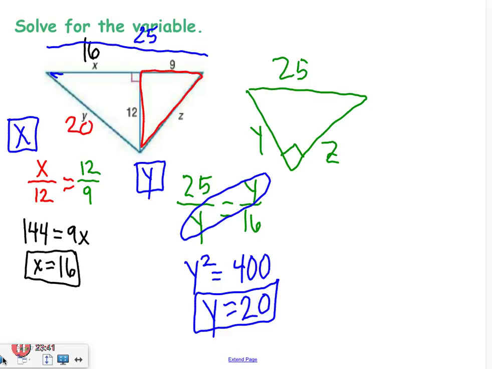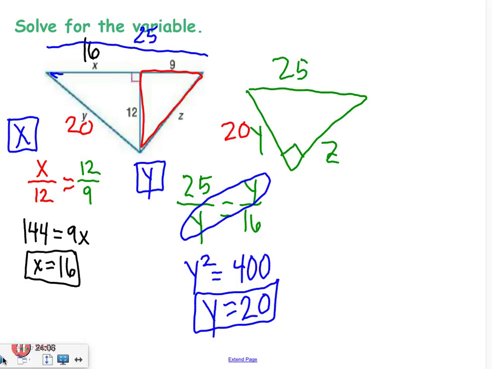Okay, now to find Z, do you guys see how you have to use that little right triangle? And the big one? So now this is 20. So Z is what leg of the little triangle? The hypotenuse. And I know both legs of the big one, so it doesn't matter what you want to write. So now it's just our choice.